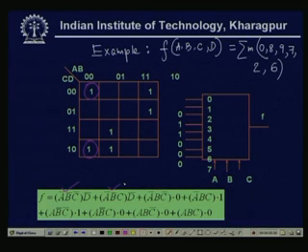Then A bar B C bar. My third column is empty. Third column is empty means that there is no CD term, or there is no AB term also, we can tell.